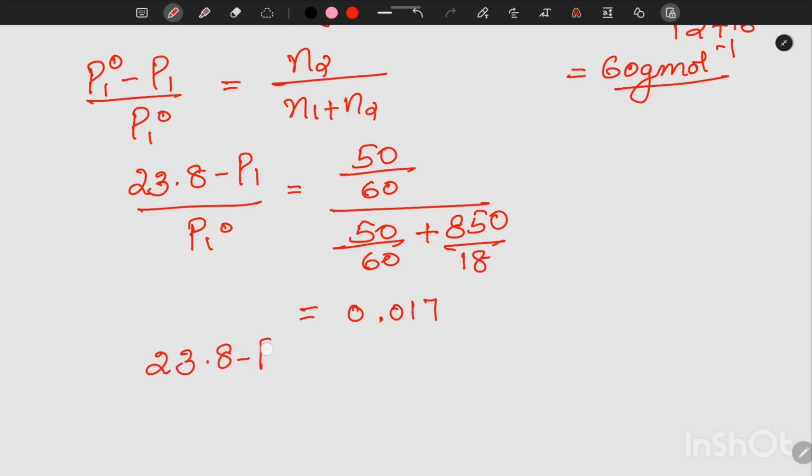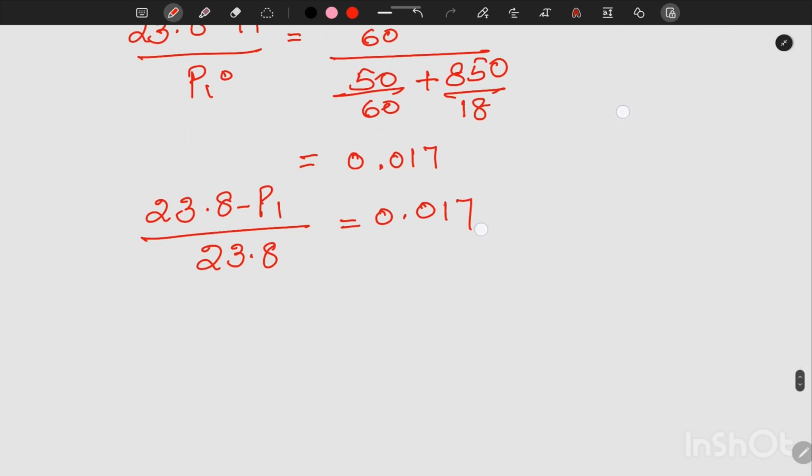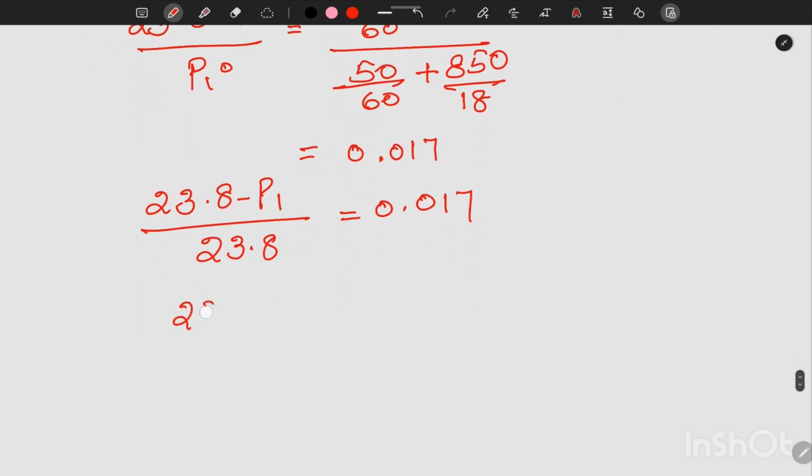Now 23.8 minus P1, here P10 also we can write 23.8 itself, which is equal to 0.017. 23.8 minus P1 equal to 23.8 into 0.017.